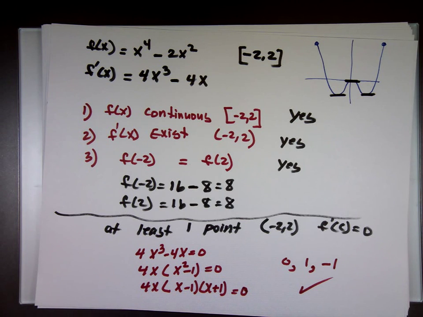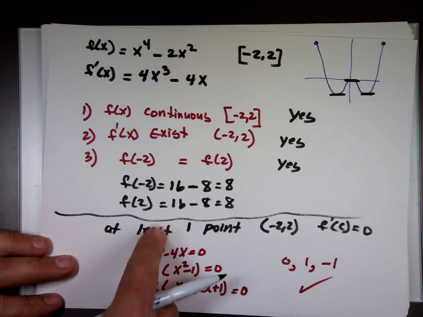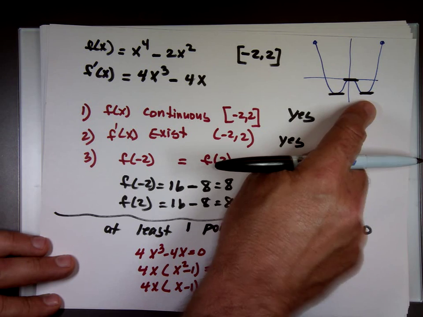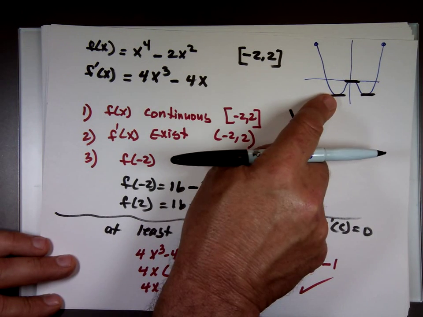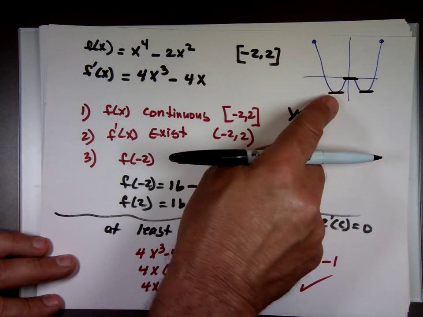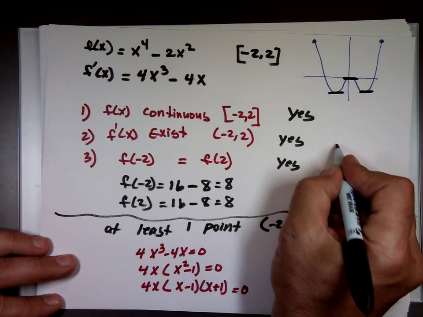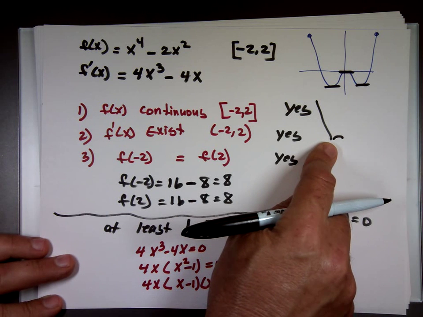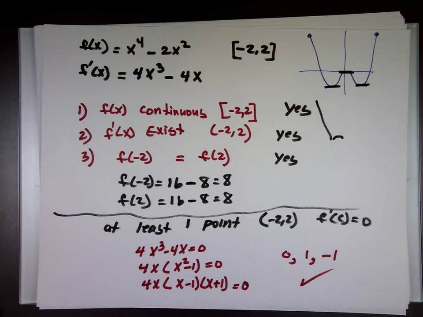So you can actually fudge your graph by knowing the mean value theorem, where the derivative is 0. You have these points. And if you know you're going to start here and you have one of the points there, it must be going up there. It can't be coming down, because if it's coming down like this, then we have a v there, where the derivative does not exist. And for this, there's nothing where the derivative does not exist.